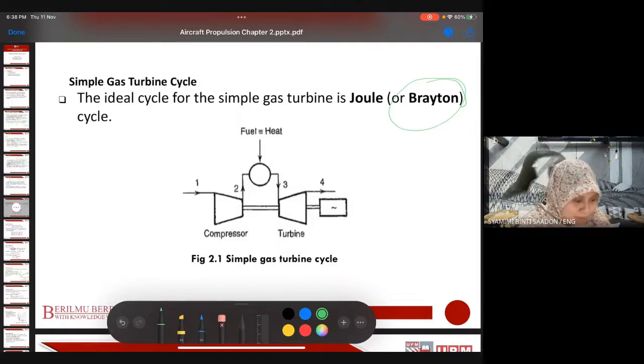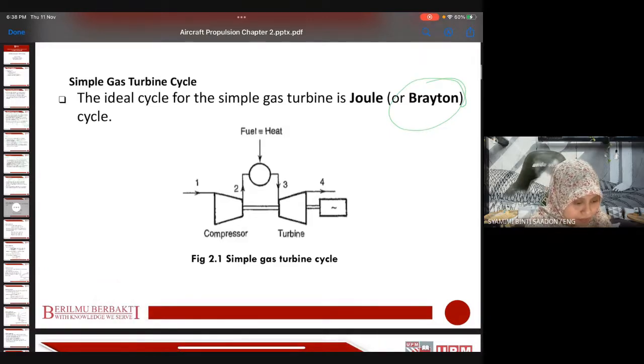So 1 to 2 is the compressor, 2 to 3 is where heat is added, in the combustion chamber or in the evaporator heat exchanger, and then 3 to 4 is the turbine expansion.